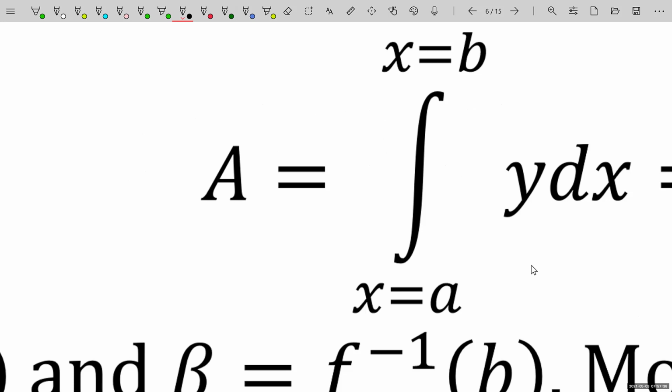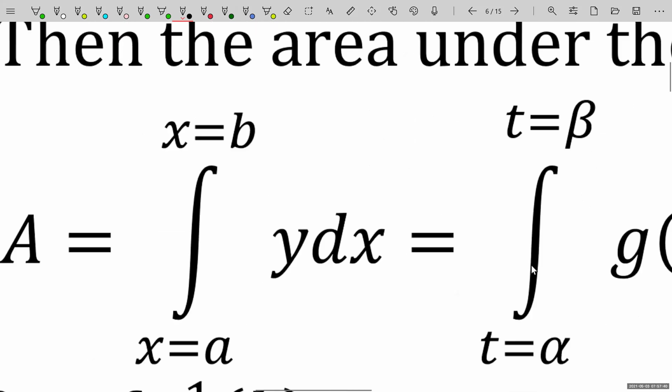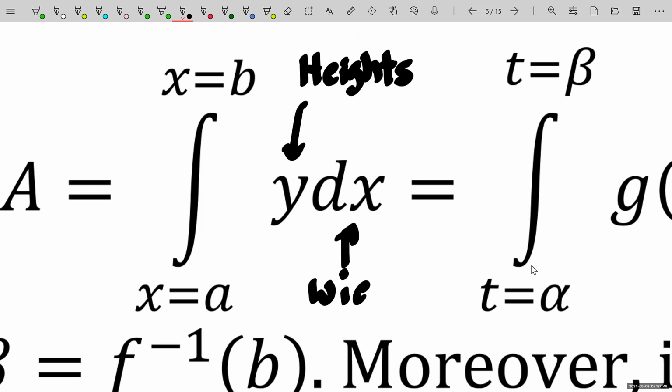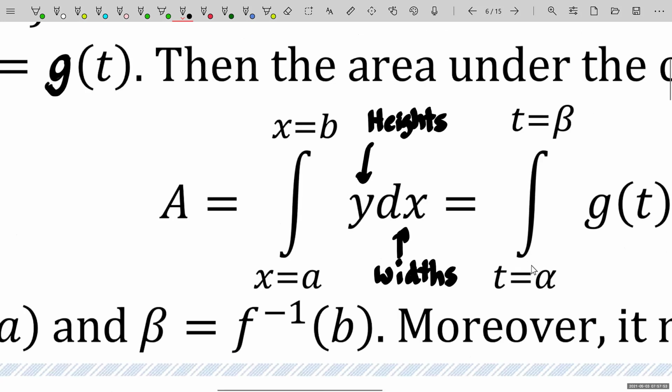Let me write this down so you can see why that's true. It's heights times widths, right? These were all rectangles. So you're adding up a bunch of areas of rectangles is basically what you're doing.